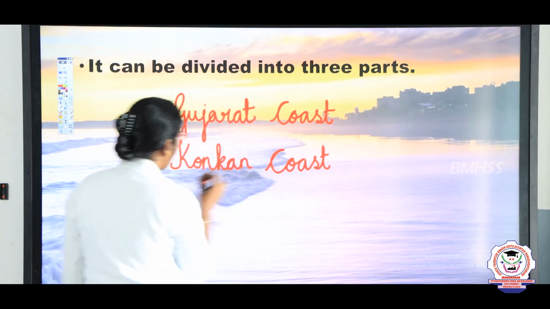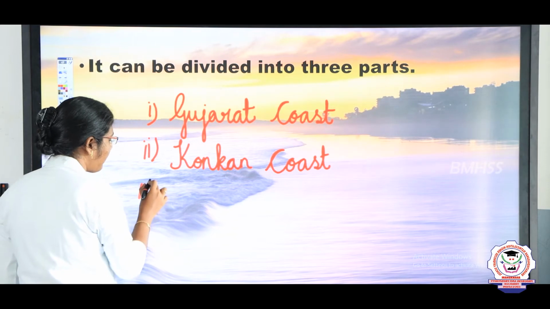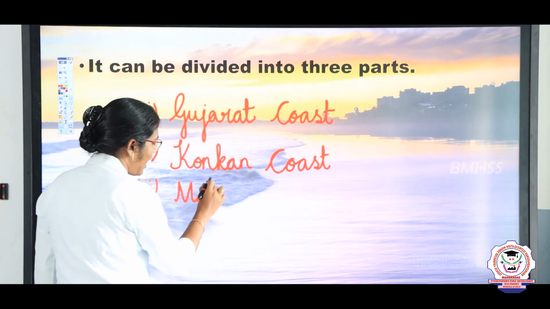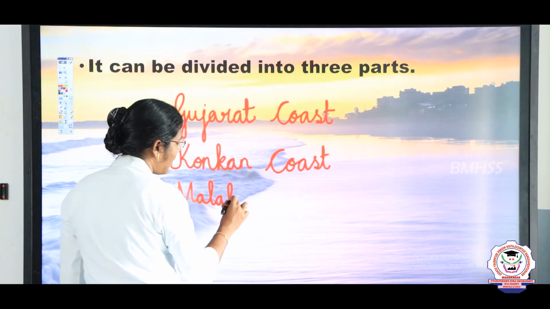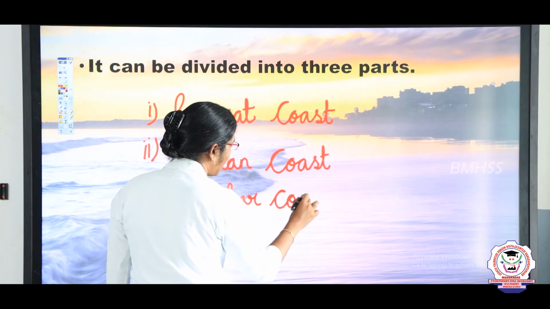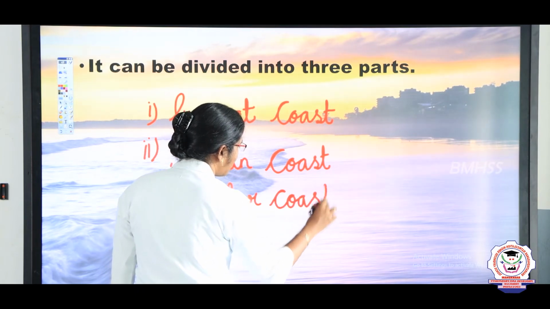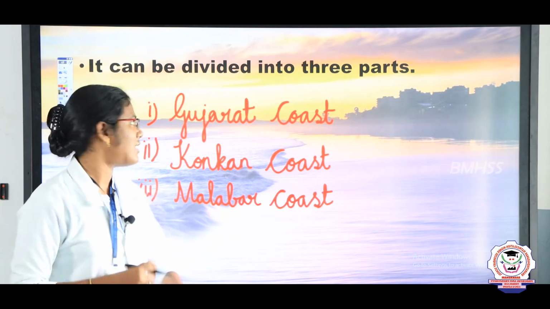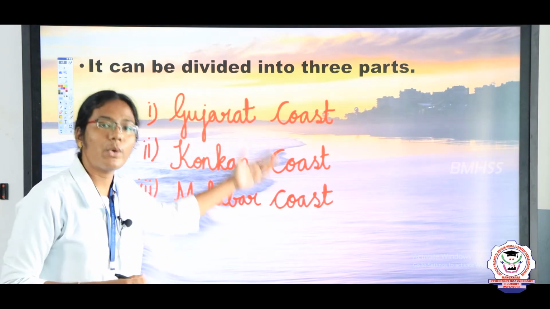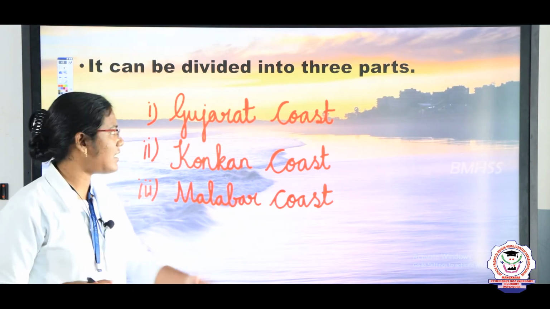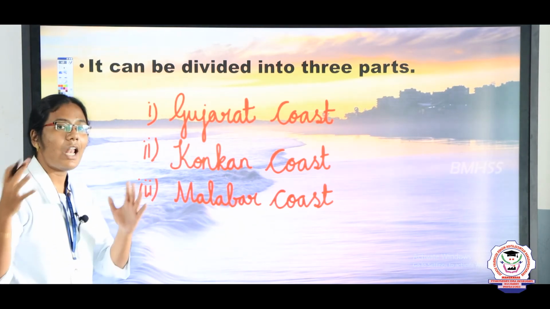The third one is the Malabar coast, M-A-L-A-B-A-R, Malabar coast, C-O-A-S-T, coast. So the Western Coastal Plain has 3 parts: Gujarat coast, Konkan coast, and the Malabar coast. We will see where Gujarat coast is located.